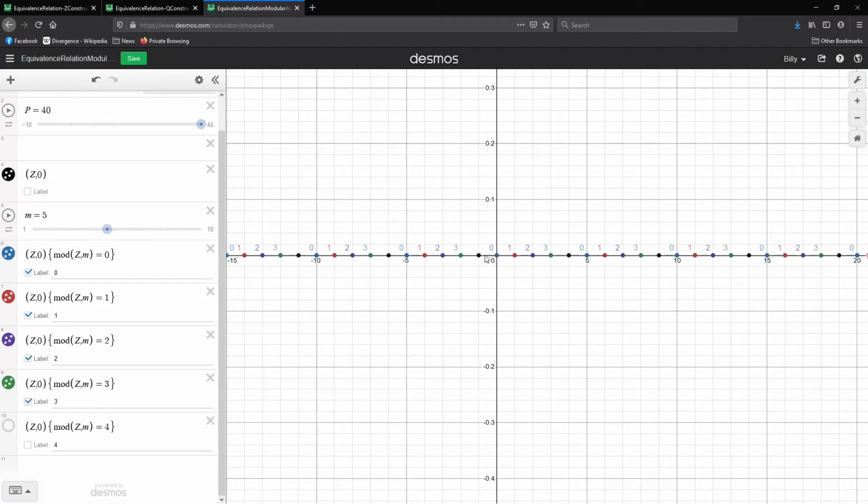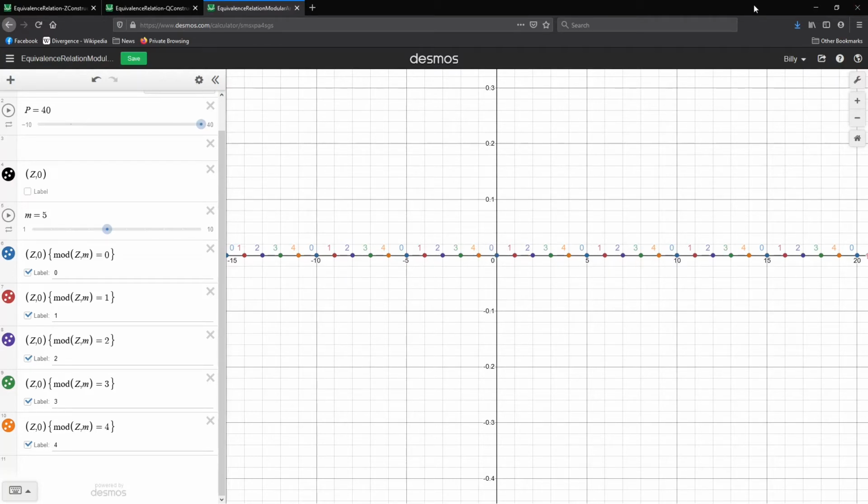Three is congruent to 8 mod 5, congruent to negative 2 mod 5, and so on. And then lastly, 4 is congruent to 9 mod 5, congruent to 14 mod 5, and so on and so forth.